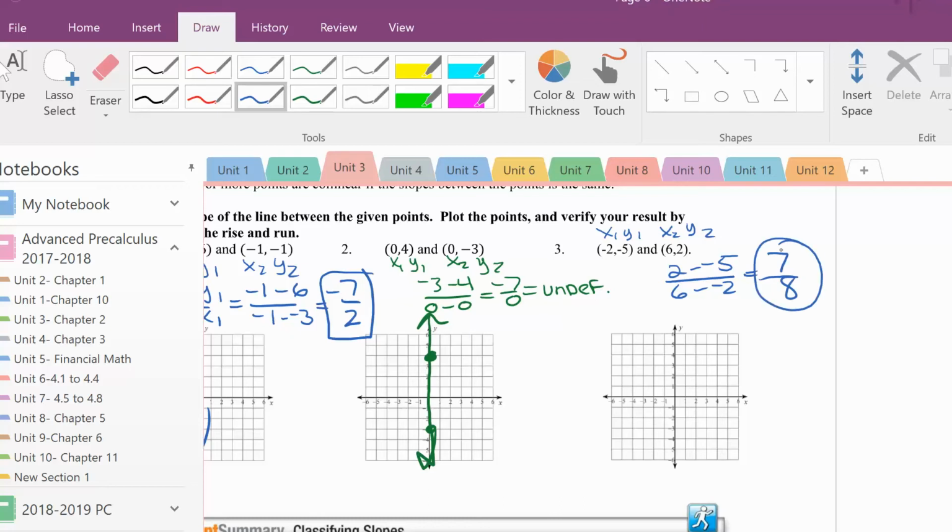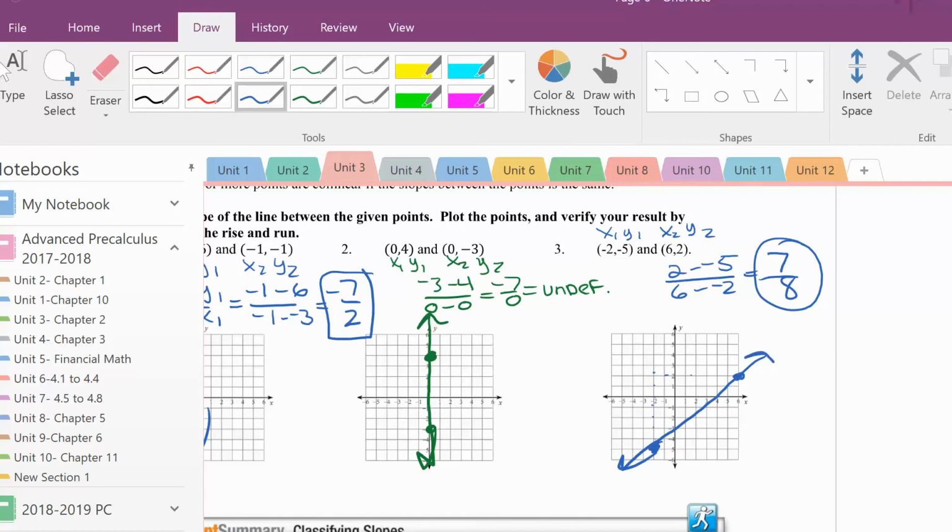Let's check it out by graphing it. Negative 2, negative 5 is down here, and 6, 2 is up there. If you look, you go 1, 2, 3, 4, 5, 6, 7. So you go up 7 and then to the right 8. And that gives you your slope.